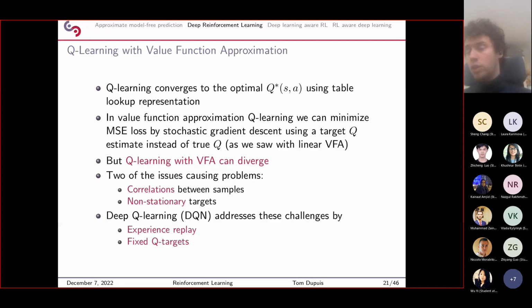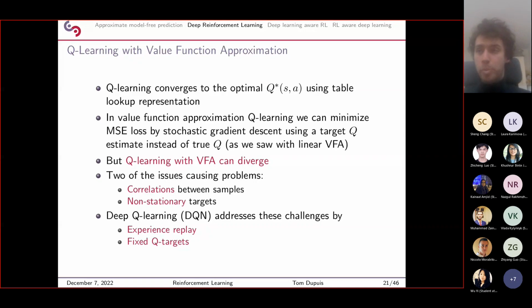But the problem is that now that we are in an approximate setting, the theorem we saw last time that says that we converge under those hypotheses doesn't hold anymore. And actually, we can diverge. We have no guarantee that the algorithm will actually converge to the true value and that our policy will converge also. There are multiple causes to these problems.